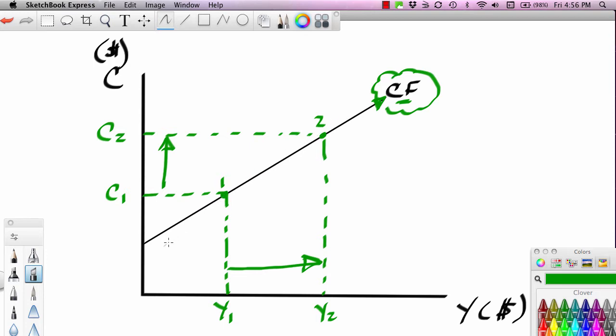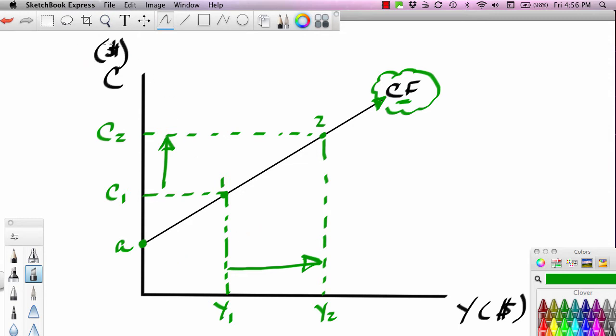That's one property. We also see that it has what is called a positive y-intercept. This y-intercept, remember this is the vertical axis, this is called the y-axis in algebra. This vertical axis is called consumption in this application, but this point right here is called the y-intercept, and this will be labeled little a in our model, and I'll be explaining little a in just a minute.